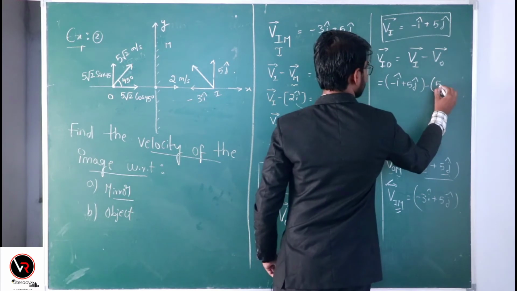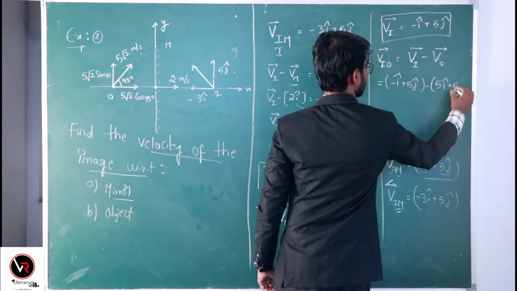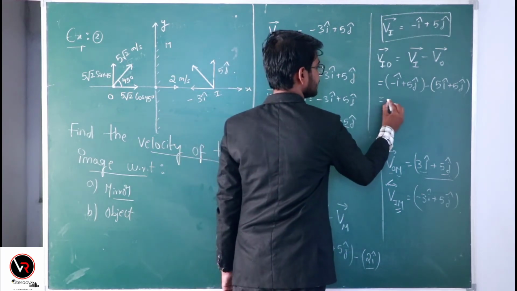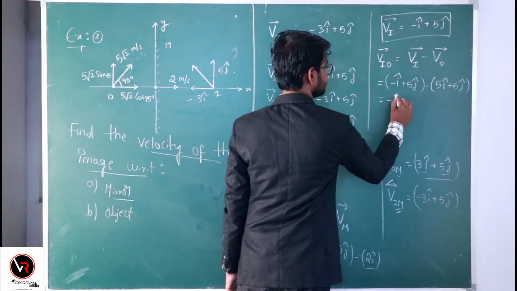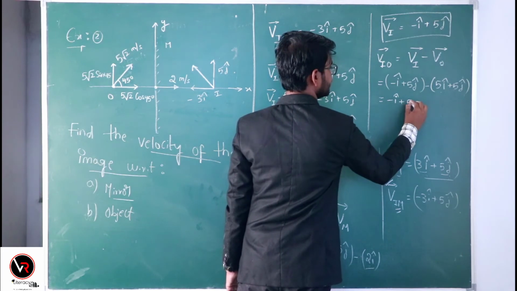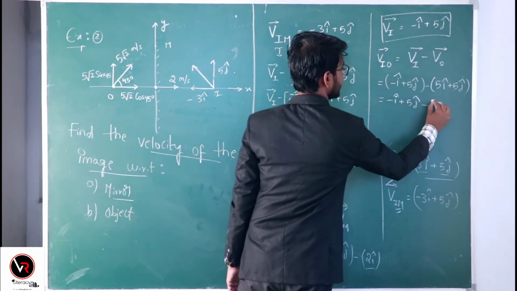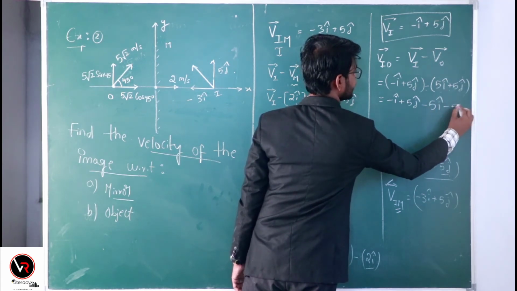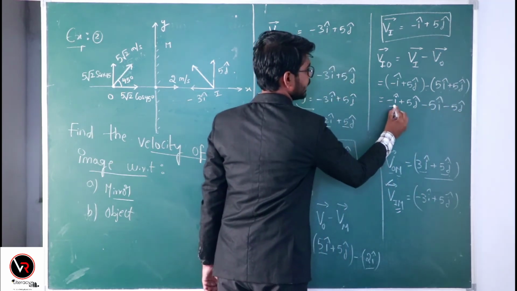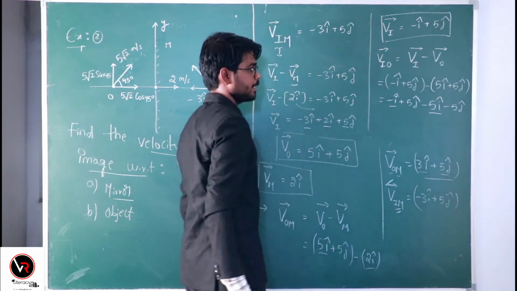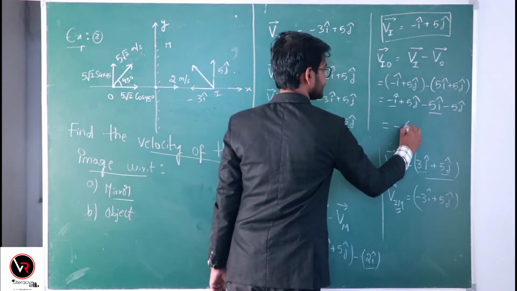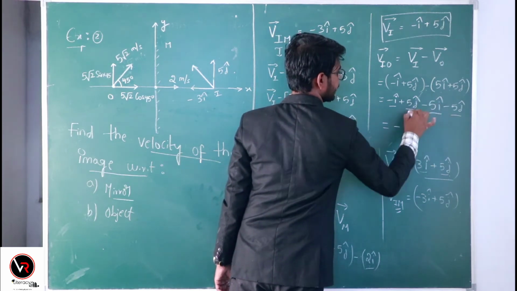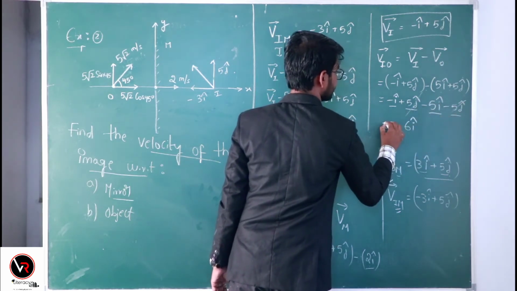Substitute here, 5 i cap plus 5 j cap. Okay, solve this. Minus i cap plus 5 j cap, this one minus 5 i cap, minus into plus, minus 5 j cap. So minus i cap minus 5 i cap, how much? Minus 6 i cap. Plus 5 j cap minus 5 j cap cancel, so you will get 0.